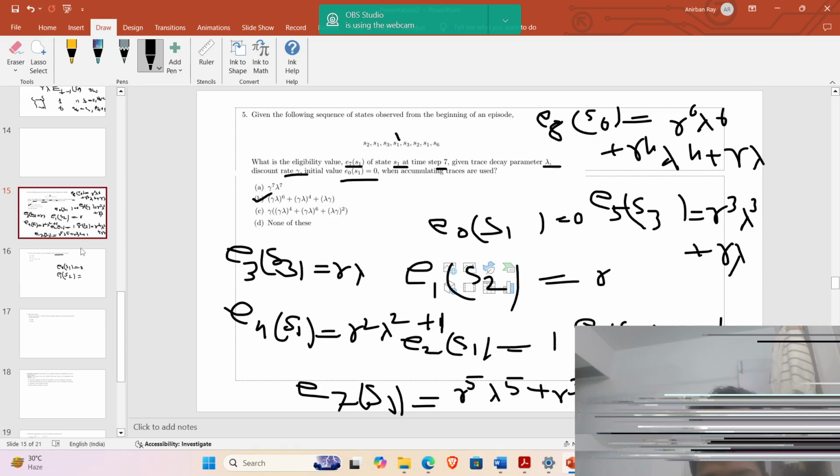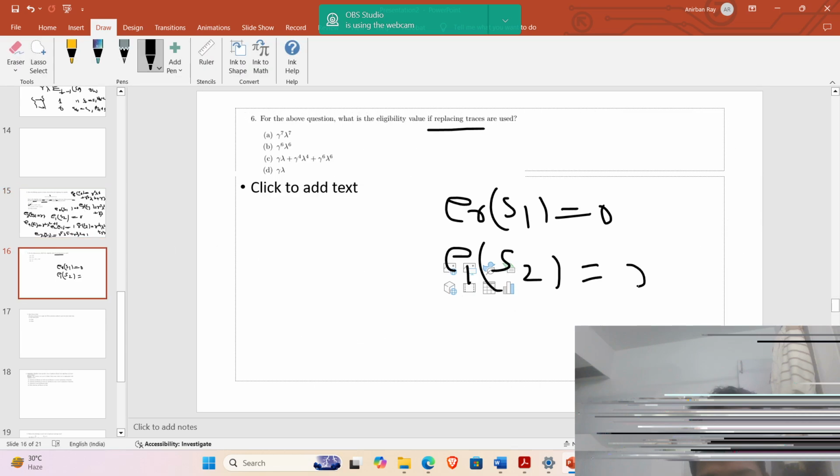So E1 S2 is not desirable, so it would remain 0 here. And in the desirable case it directly becomes 1. Replacement traces here. Okay, so let's see now.